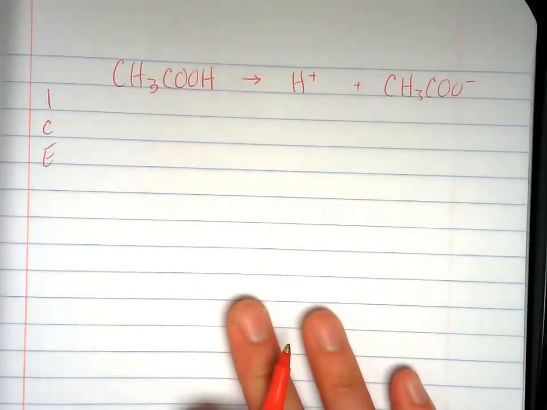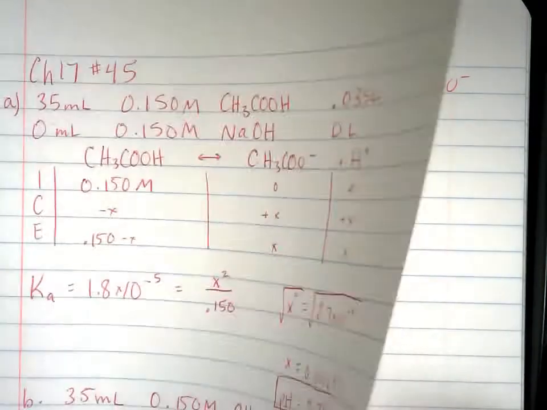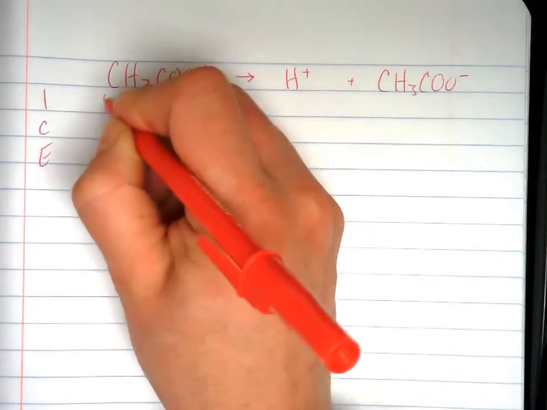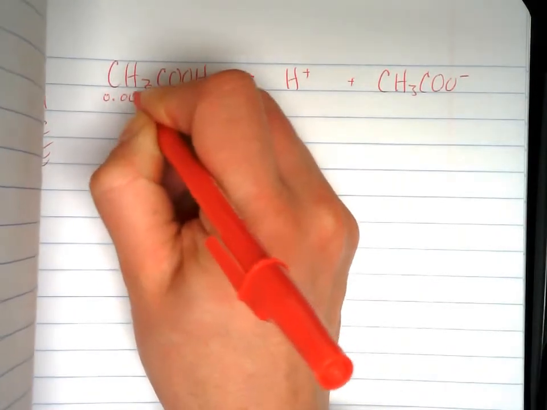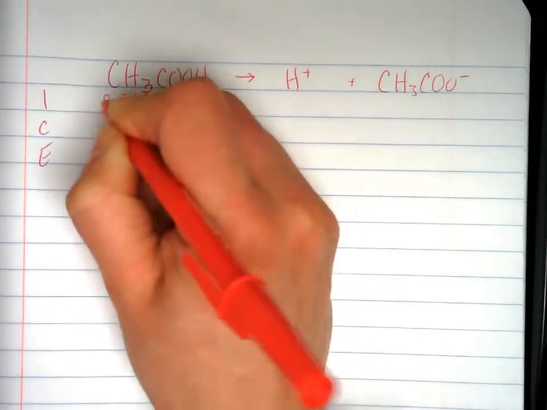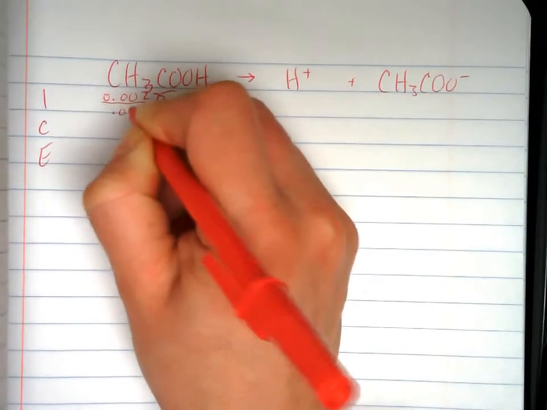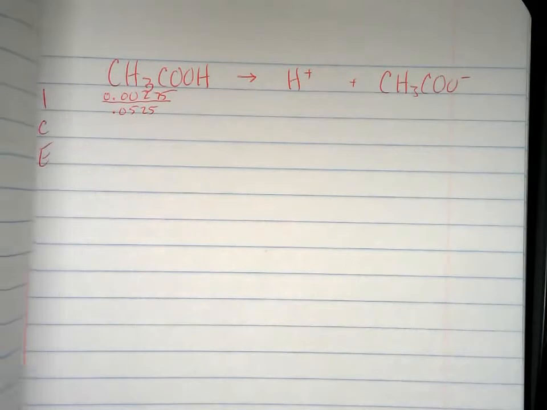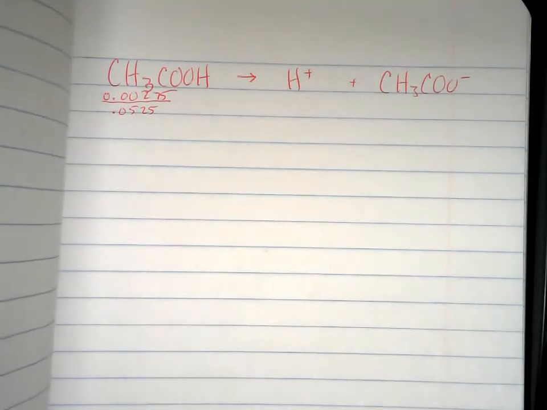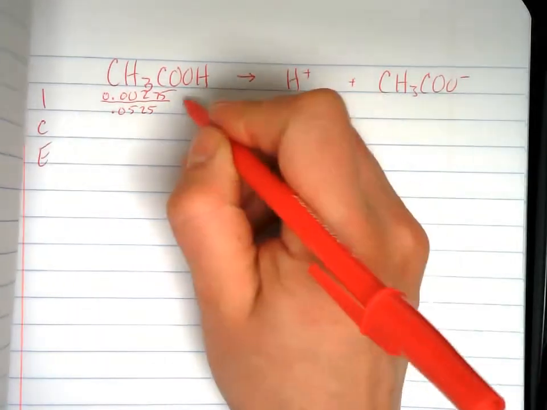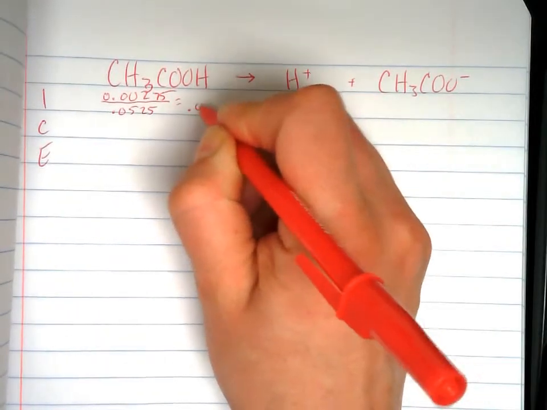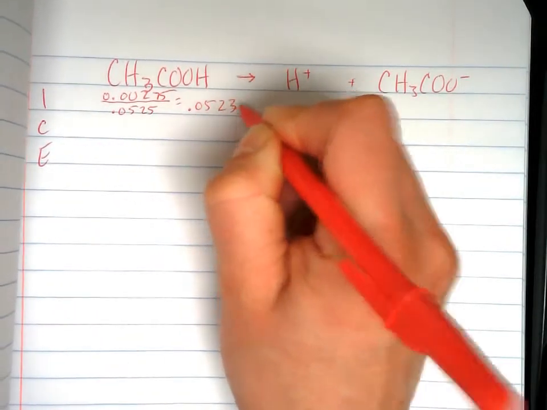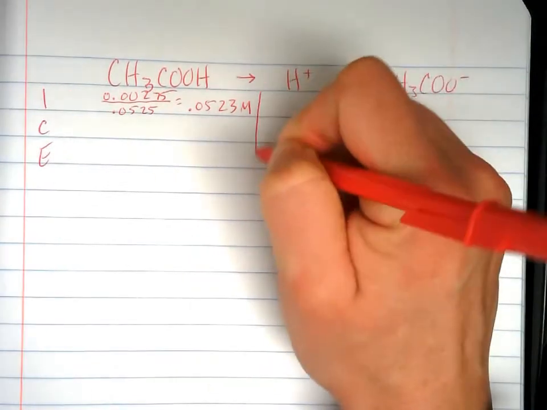So I'm going to plug all these numbers in. So this would be 0.00275 divided by 0.0525. So that's moles per liter. And that gives us 0.0523 moles per liter there.